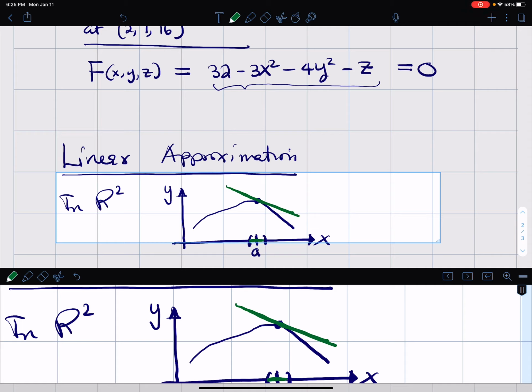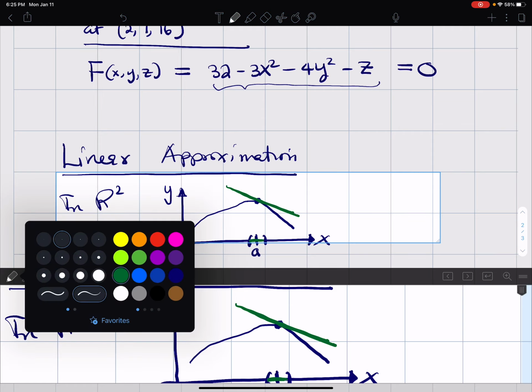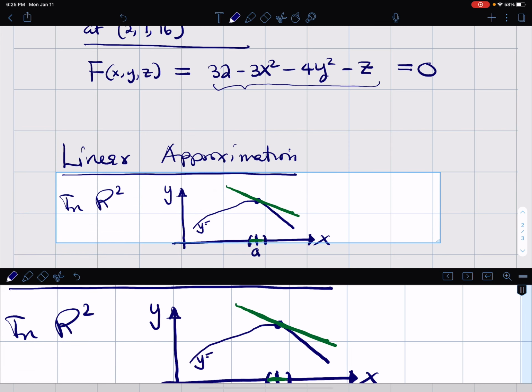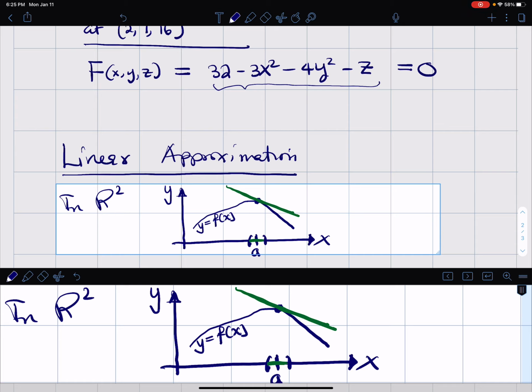You can find the equation of a straight line that is tangent to this curve y equals f of x at just this point, A. So this is A and this is f of A. Okay.